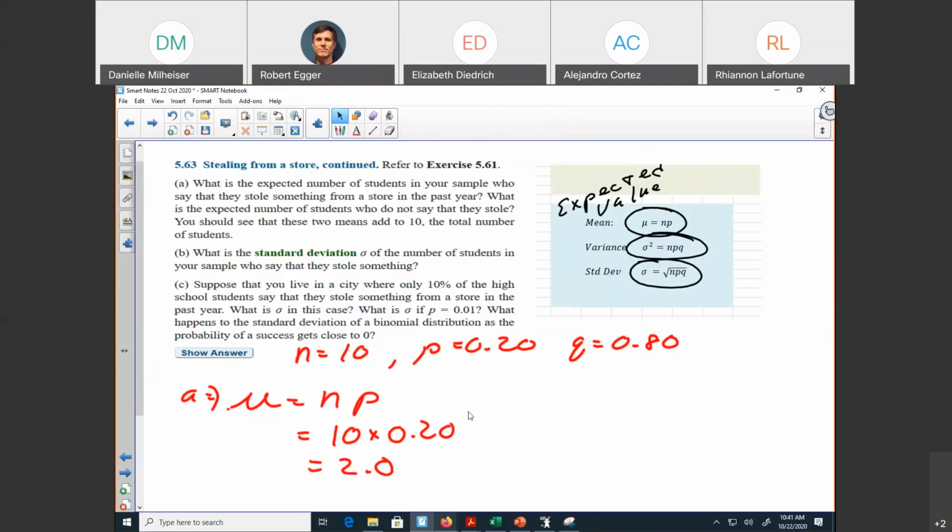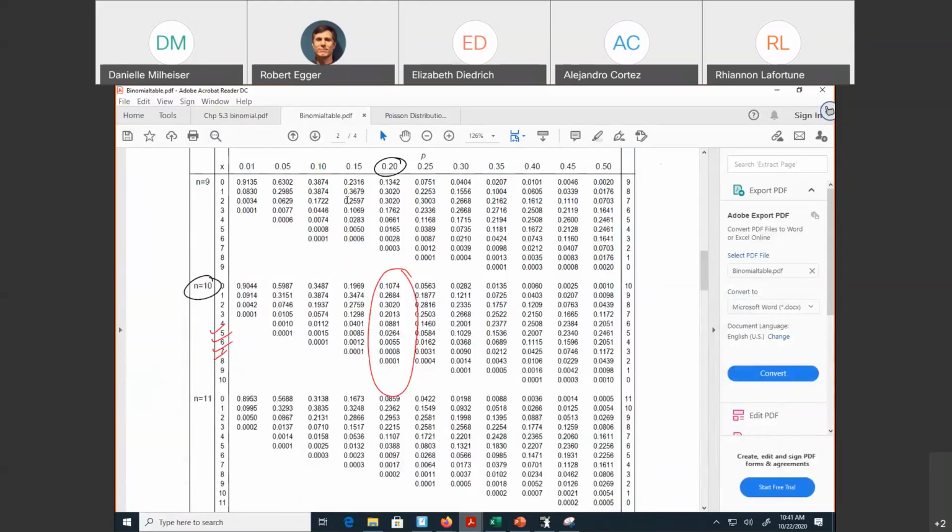Let's see how that compares to the probabilities. Just by happenstance, it looks like 2 is the highest probability. A general observation is that where the mean is should also be within the region of the highest probability. Let's do a check here.